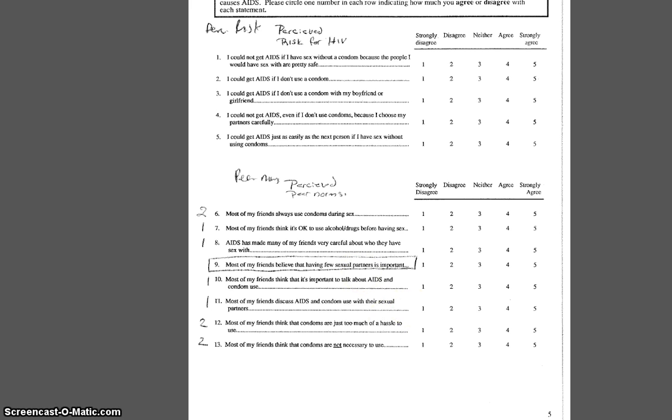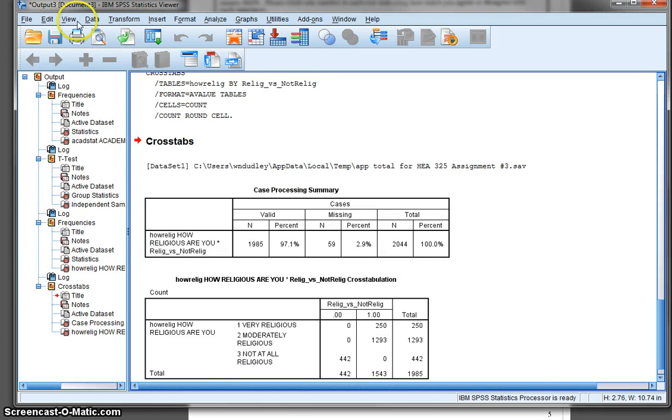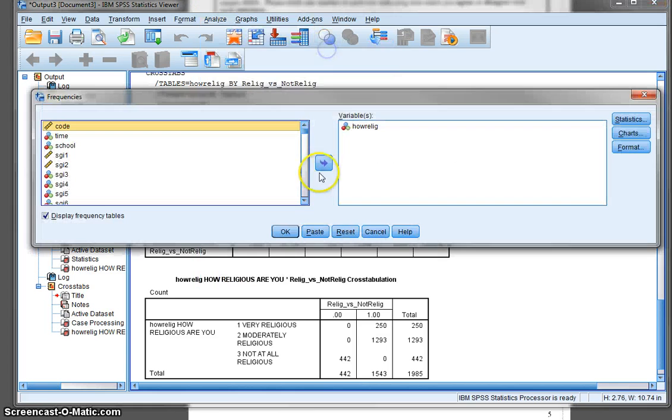So let's go back over to SPSS. Before we do this, let's cancel out of here, and let's do an analysis in which we look at the frequency distribution of peer norms. Let's get rid of this one. Let's come down here. See, peer norms.